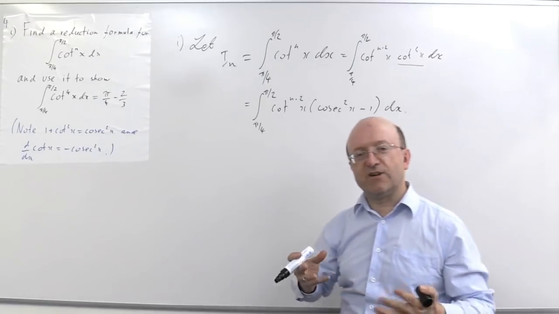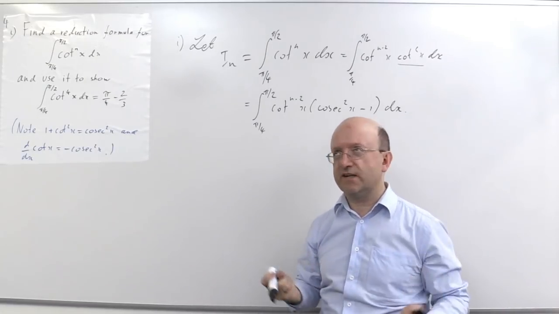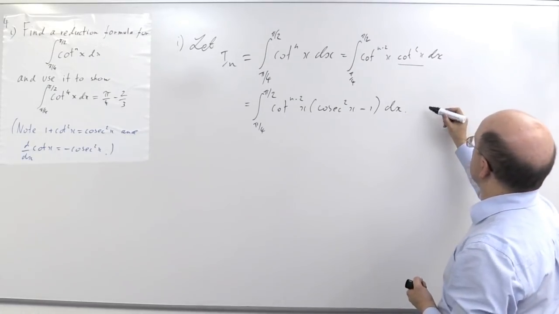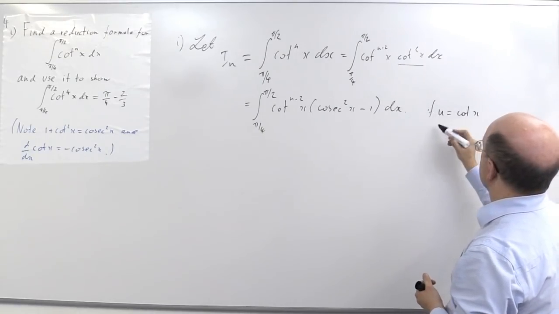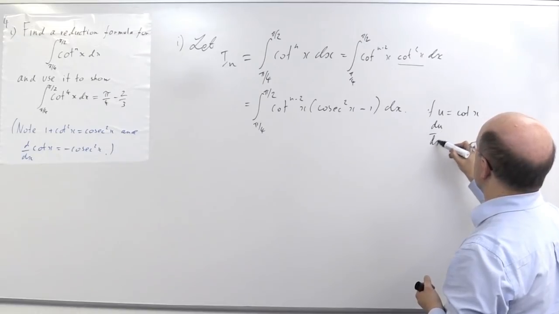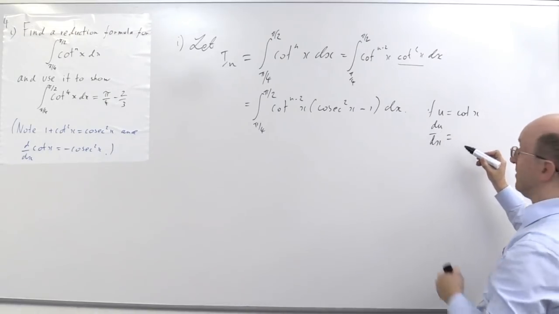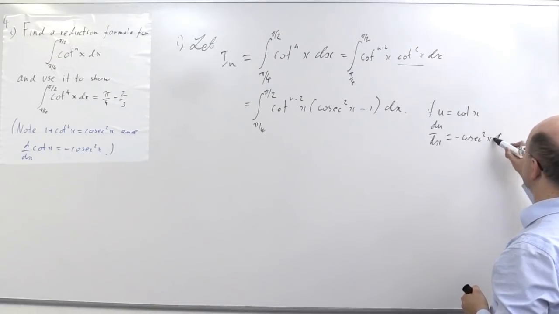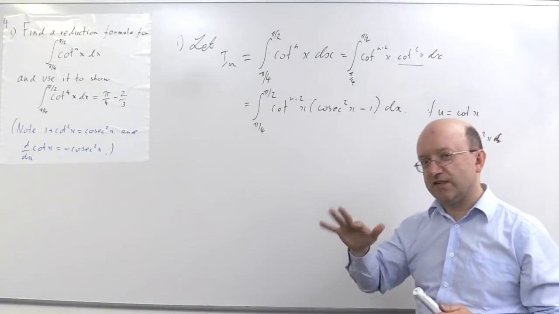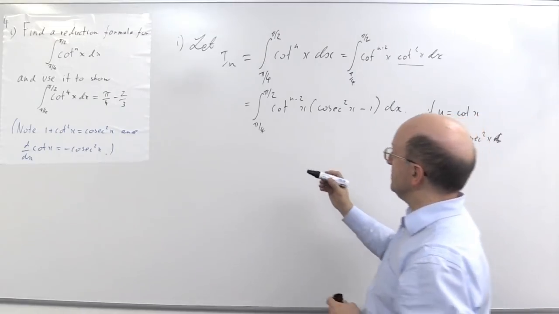Well, it's probably a good idea to do a formal substitution here rather than try and do it all in your head. If you let u be cot x, du dx is, from what we've got over there, minus cosec squared x dx, particularly because we've got this extra minus sign to bother about.